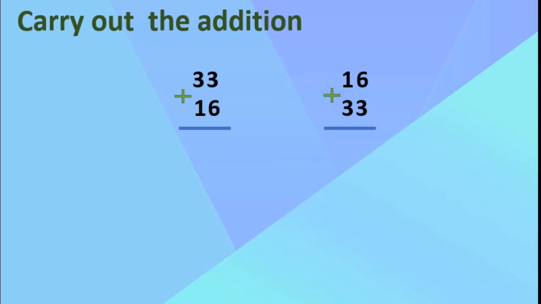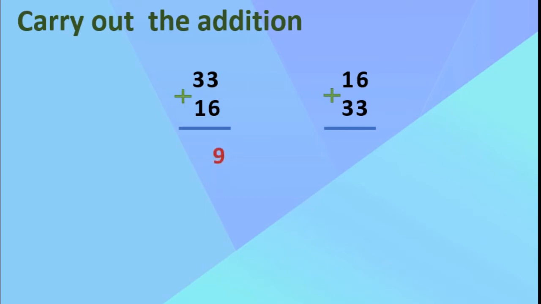Here 33 is up in the first position and in the second sum 33 is down. Means we interchange the places of the numbers. The numbers are the same but the place is interchanged. So we will see what the answer is for both of these.